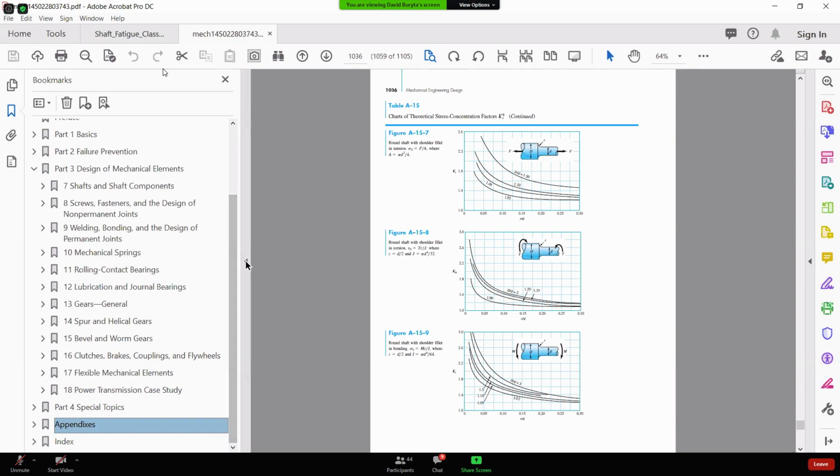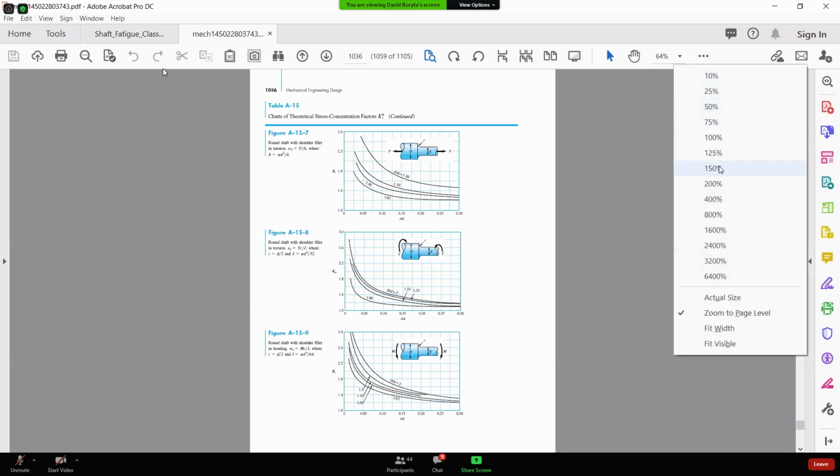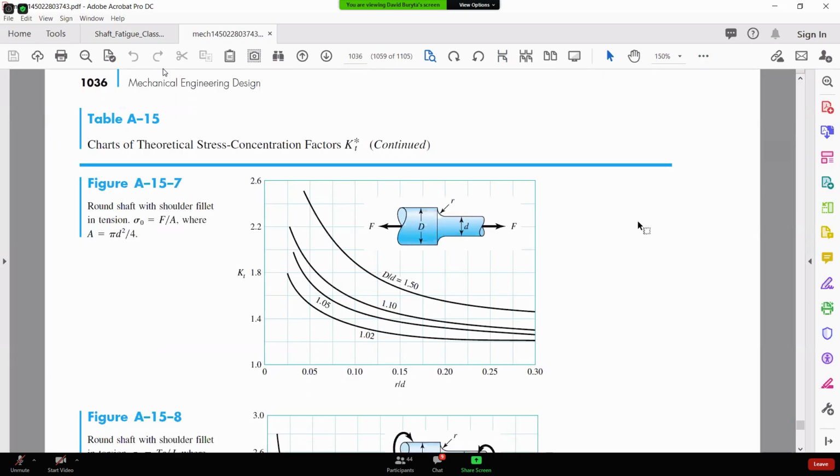Okay, so you see here, we have three choices. We have axial loading, we have torsion, and down at the bottom, we have bending. So our stresses are bending stresses, they're reverse bending stresses.